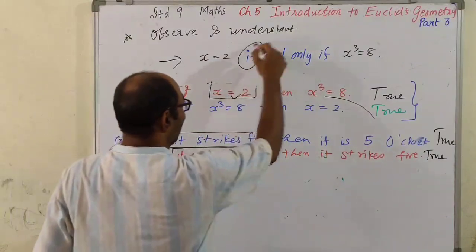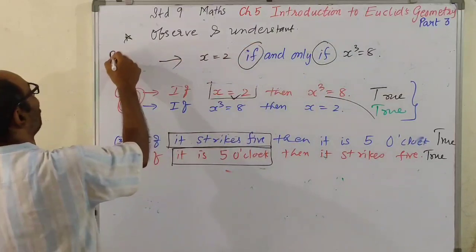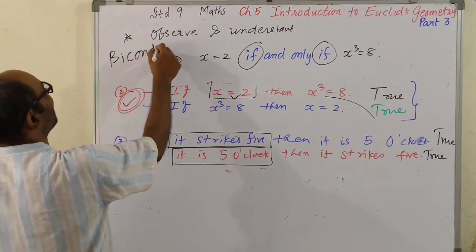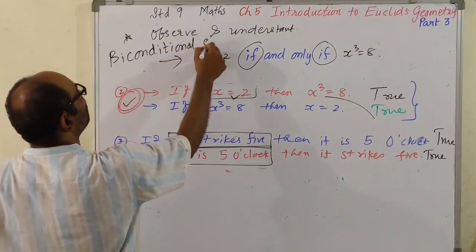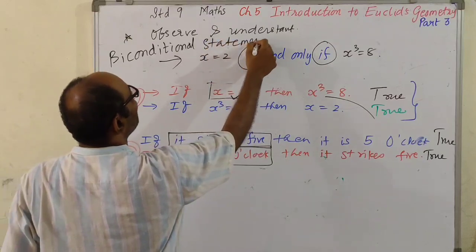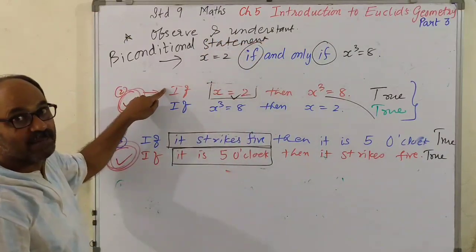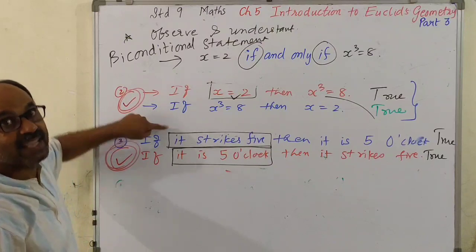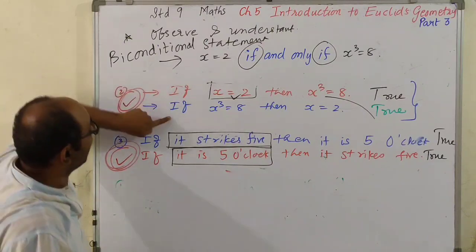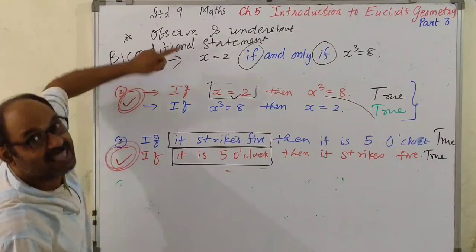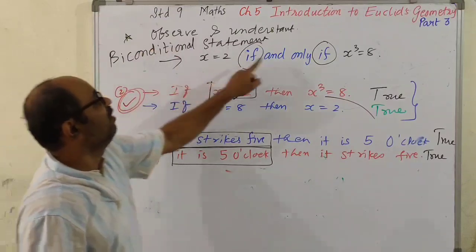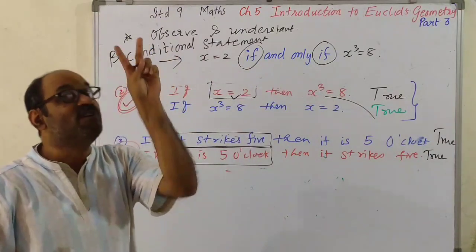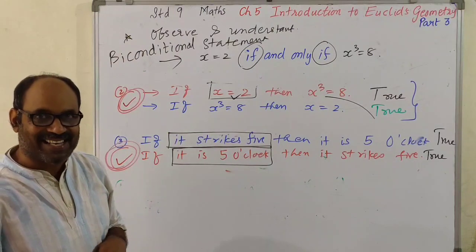Here if came twice, so this is called a biconditional statement. This is called a biconditional statement. This is a conditional statement, this is also conditional, but its converse. But here, if and only if, if twice, so that is a biconditional statement.